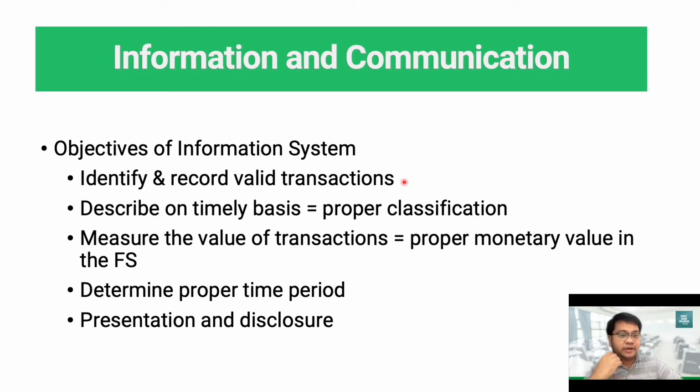We can check whether the client's systems are able to identify and record valid transactions, whether the transactions are recorded on a timely basis, and the client uses proper classification when recording the transactions. The system should also be able to measure the value of the transactions, meaning the proper monetary amount in the financial statements, because if the system is not capable of that, it could result in material misstatements.